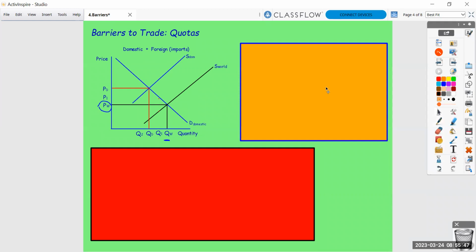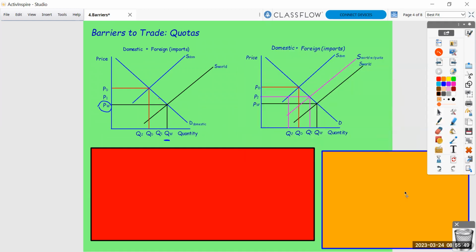And this is what a quota looks like. This was the original domestic supply. Now when I put the quota in, you'll see that the world price has shifted. Now P1 is the new world price, and you can see we went from zero production in the domestic market to producing at Q2.